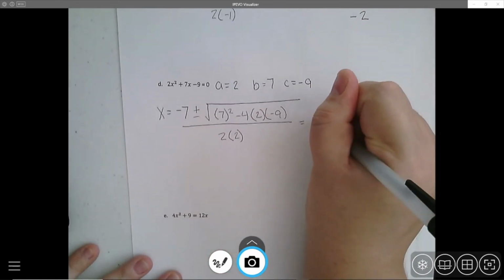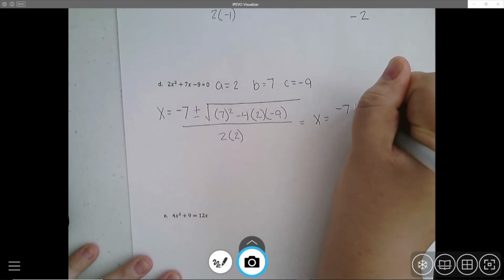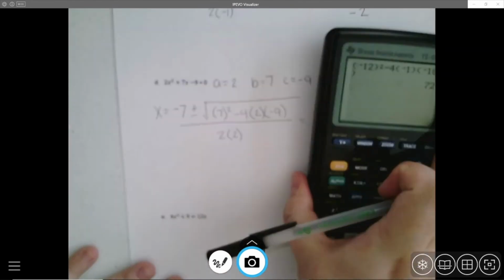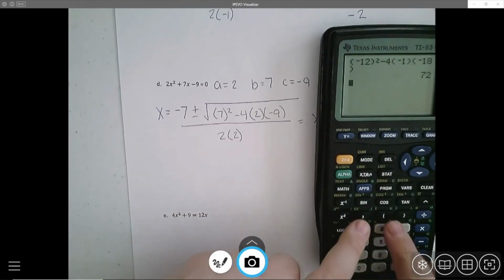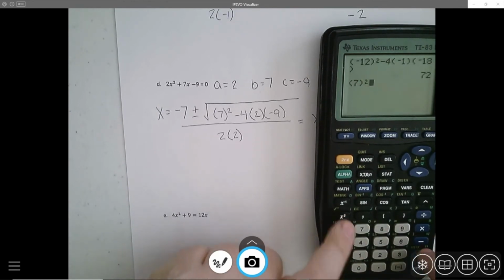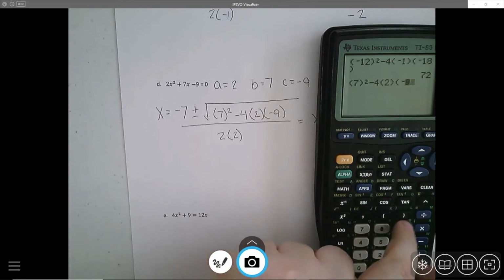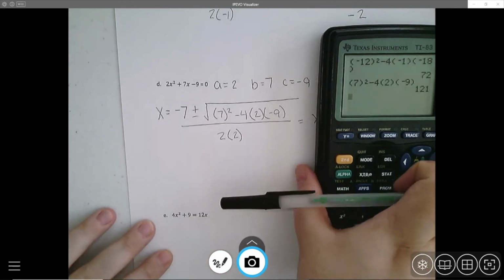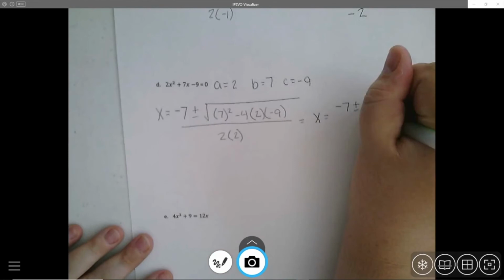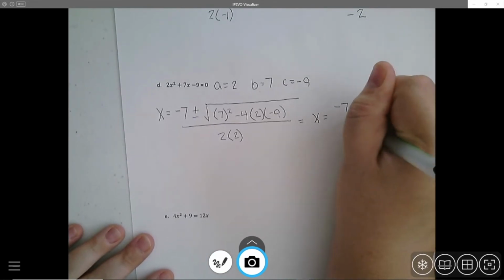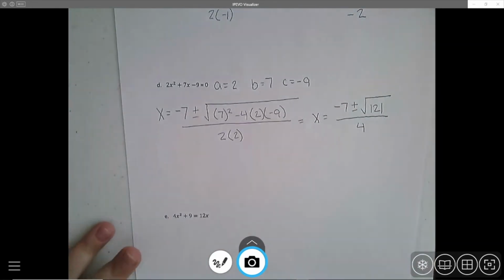So x equals negative 7 plus or minus, and into the calculator: 7 squared minus 4 times 2 times negative 9. I get 121. Square root of 121, all over 4. Now, this one we are going to go further.